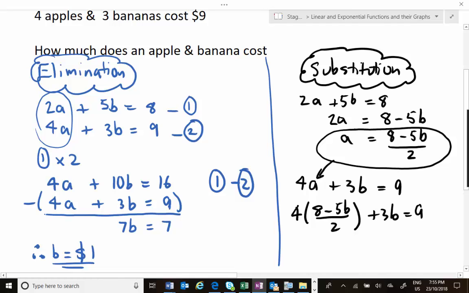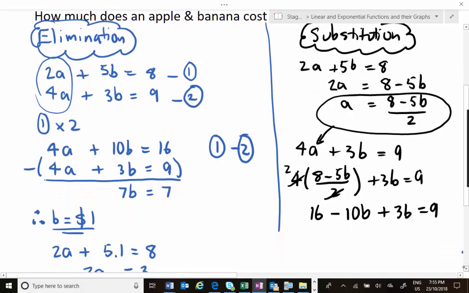Now the 4 and the 2 cancel out to make 2, which means I have to times 2 through the bracket. So 8 times 2 is 16, 2 times 5 is 10, so it's 16 minus 10b plus 3b is equal to 9.